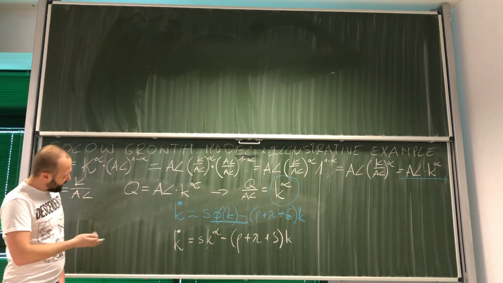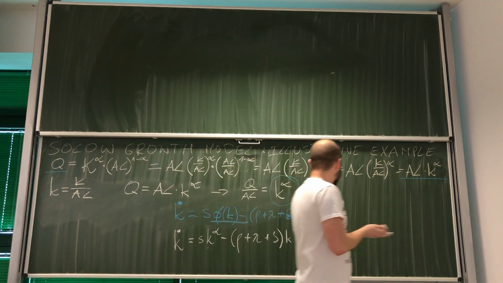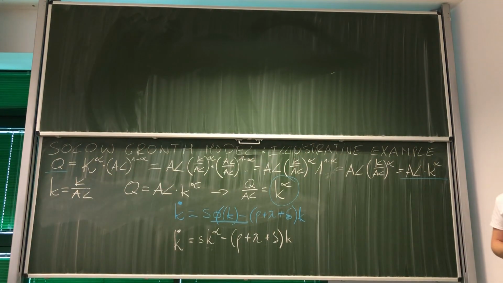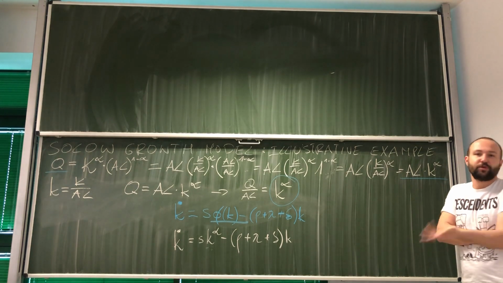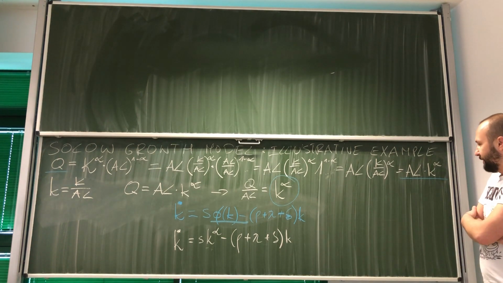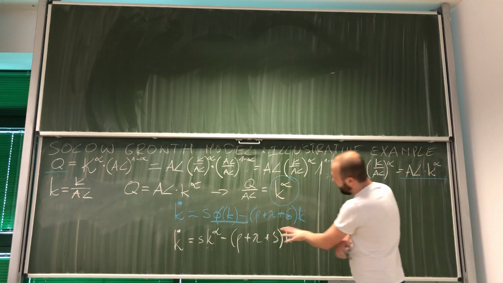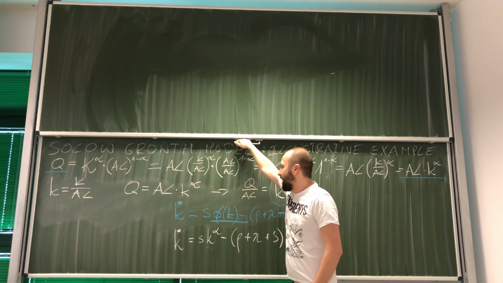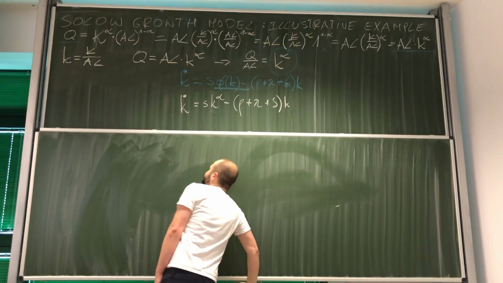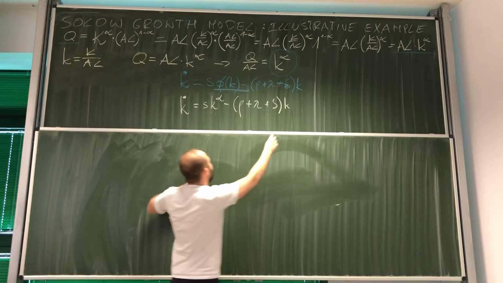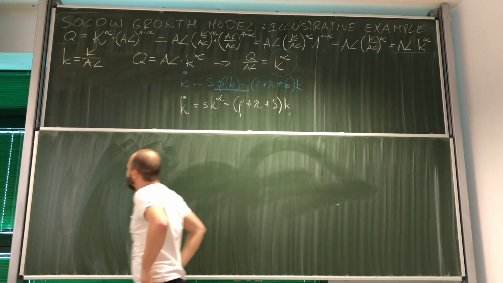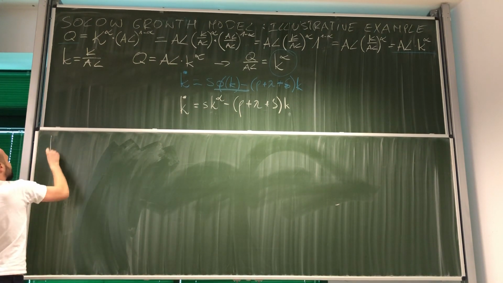Of course, this does not look like the linear differential equations we've been dealing with so far. But let me make one simple change: if I move this term to the other side of the equation, what am I going to get?